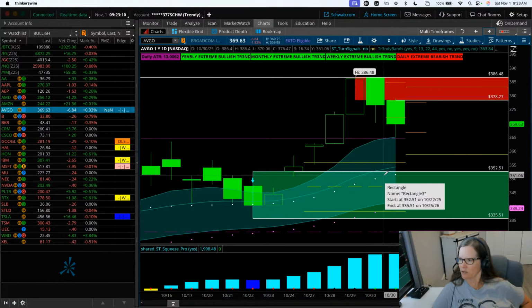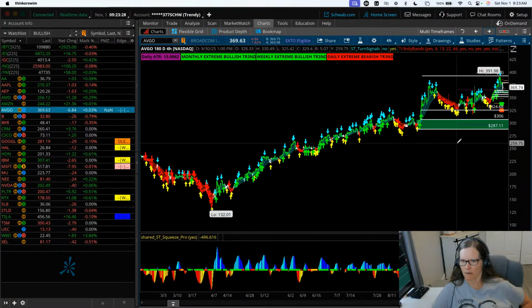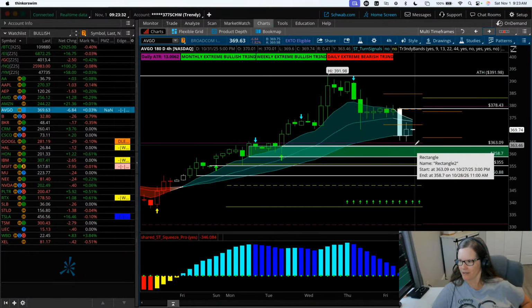Skip, are you in the trendy room at Simpler? Here's your buy zone on the daily chart for AVGO. Then on the 4 hour chart, this is your buy zone.